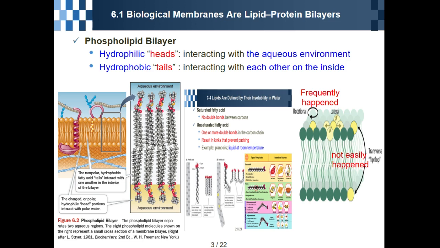This is called flip-flop, but this case does not easily happen. This kind of rotation or lateral movement frequently happens, but flip-flop from one side to another side does not easily happen.